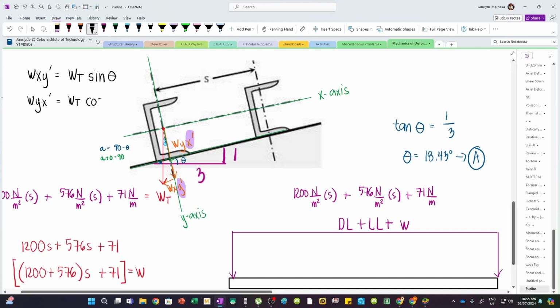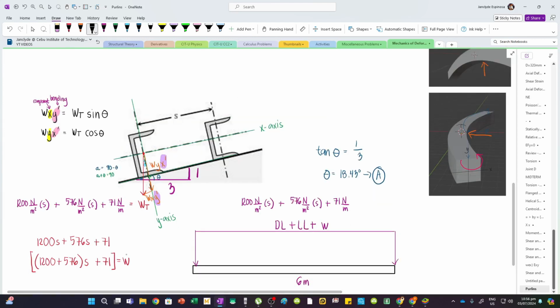So wt cos theta, this will now define our loads. Now again, wxy prime causes bending about the y-axis. And then wyx prime causes bending about the x-axis. So now we're gonna compute the maximum bending about the y-axis and the maximum bending about the x-axis.